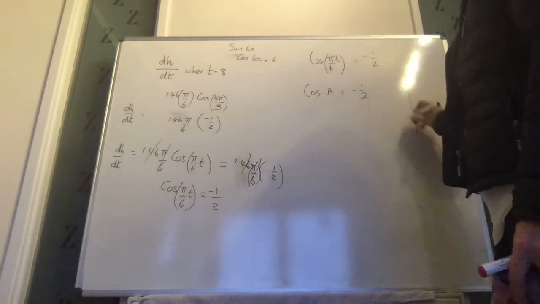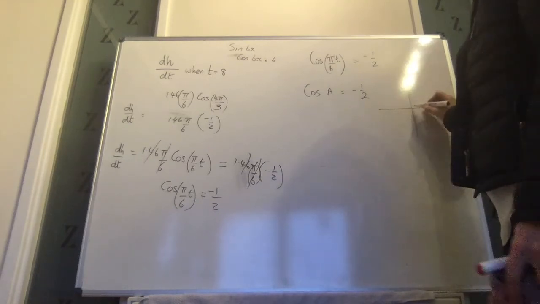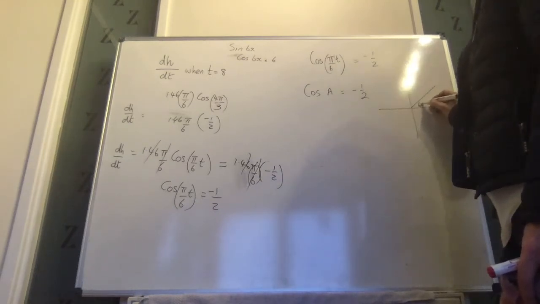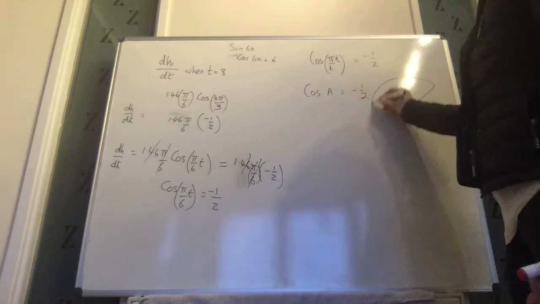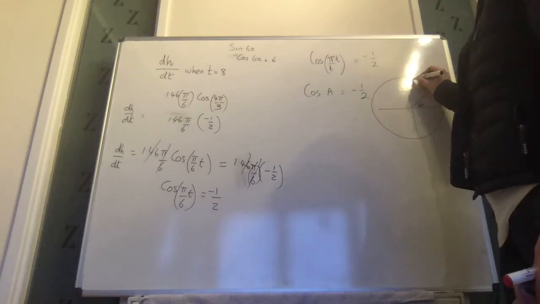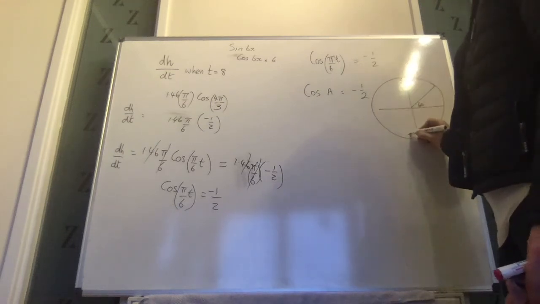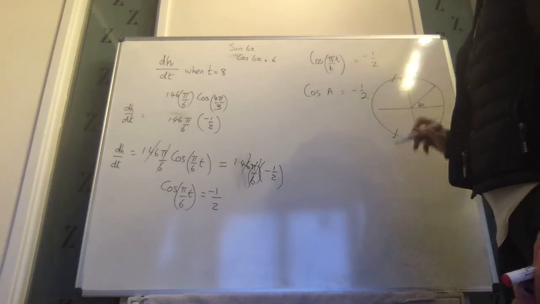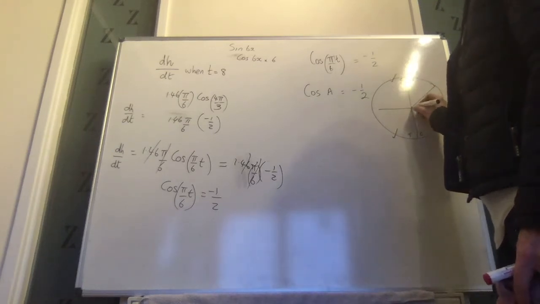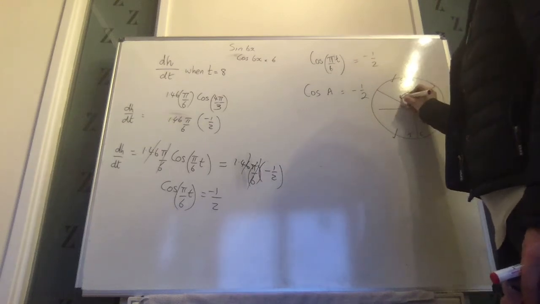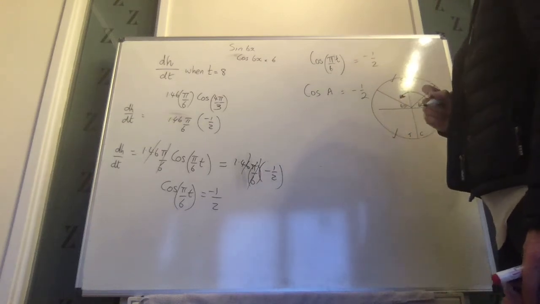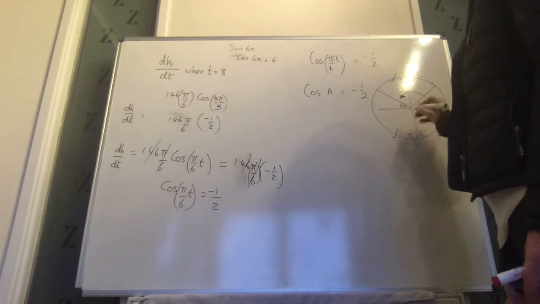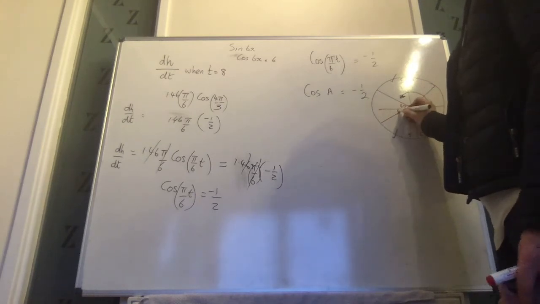Well, we just agreed that the cosine of 60 is a half. It's plus a half because cosine is positive here, but cosine is negative here and here. So for this angle here with the 60 here, this angle will also have a cosine of minus a half, as will the angle here.